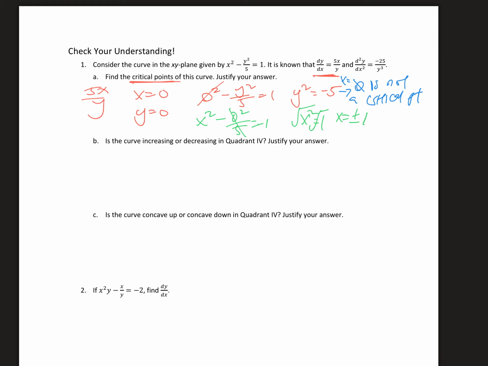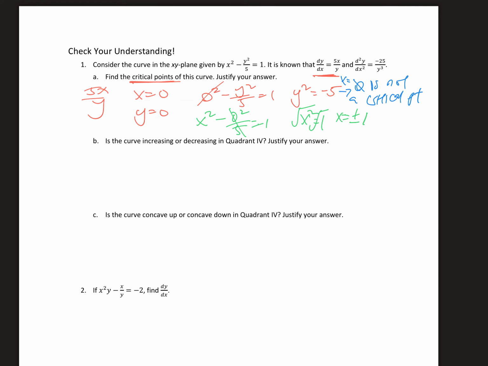And now, remember, what did making y 0 give us for the first derivative? It gave us undefined, meaning vertical tangents. So then we have 1 comma 0 and negative 1 comma 0. These two are critical points because dy dx is undefined, and it also works with the original equation. So let's write that out for our final answer.